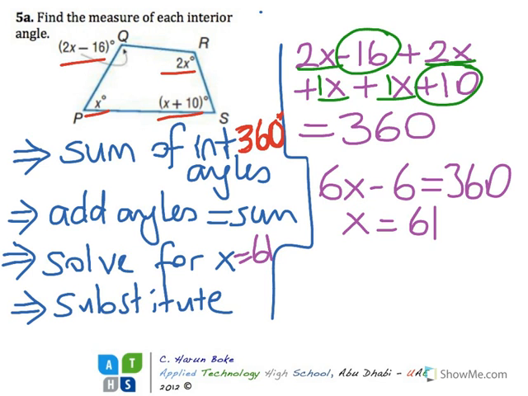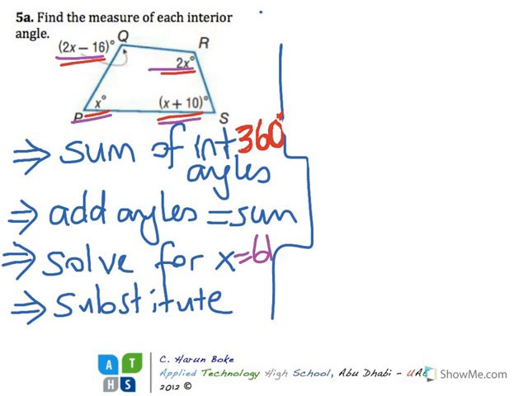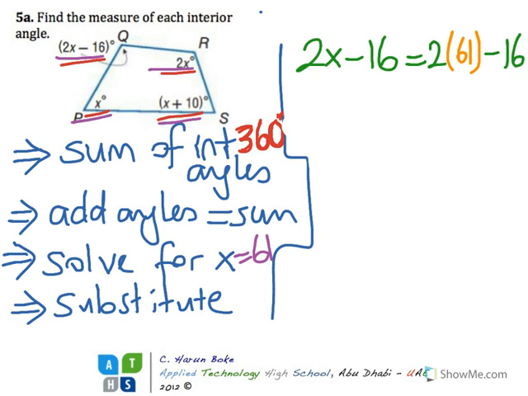Let's substitute the value of x into each interior angle to find their measures. So 2x minus 16 equals 2 times 61 minus 16, which gives us 106 degrees.